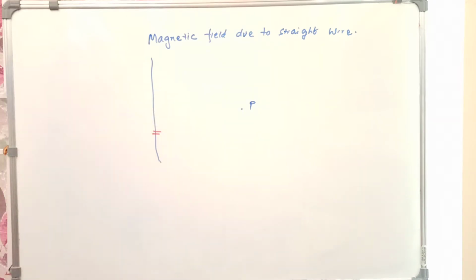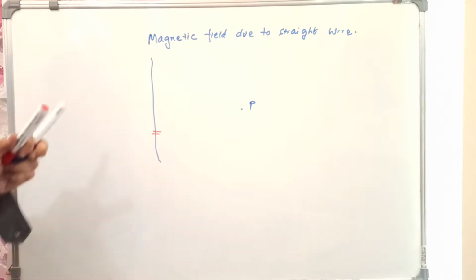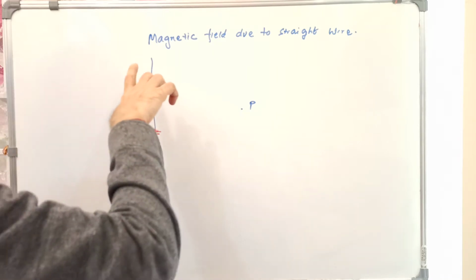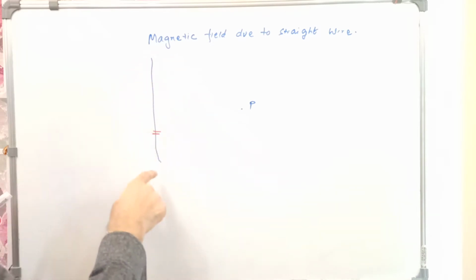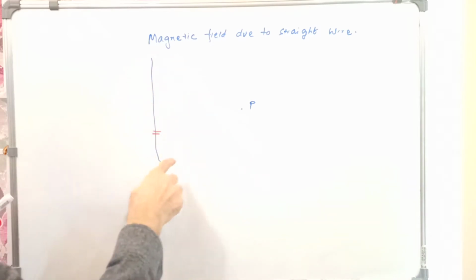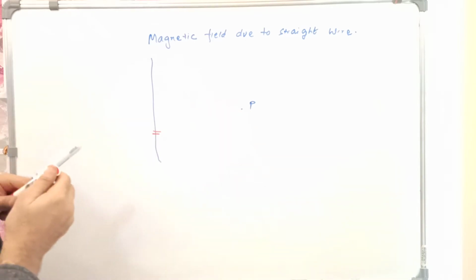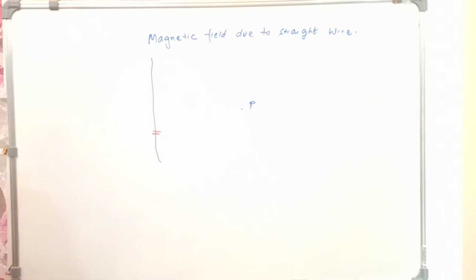But in this lecture, we will be talking about what is the collective magnetic field produced by the straight current carrying wire at this point P. Let's get started. There are very important points to note here, otherwise it is extremely simple. If you pay attention to those points, I think you're done.